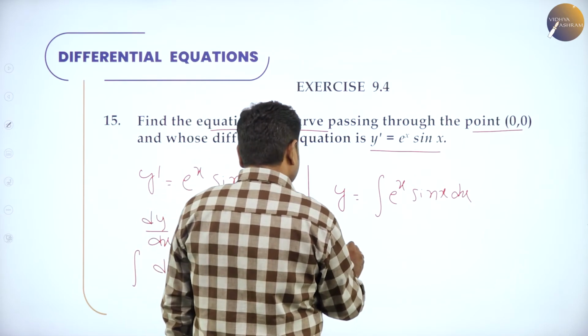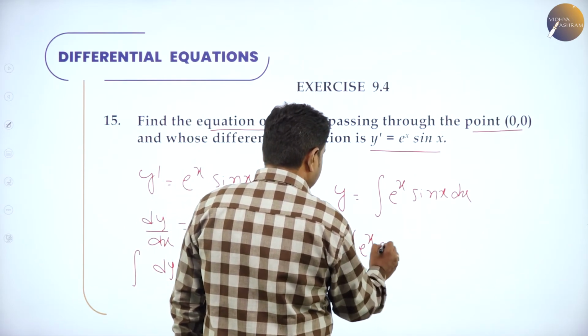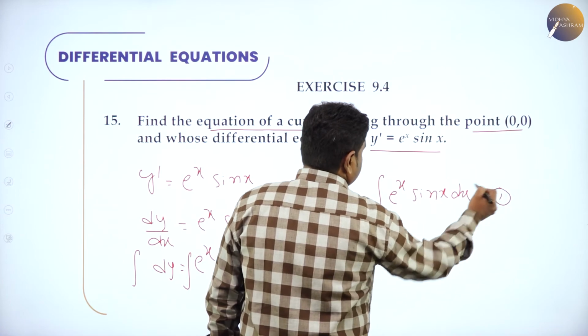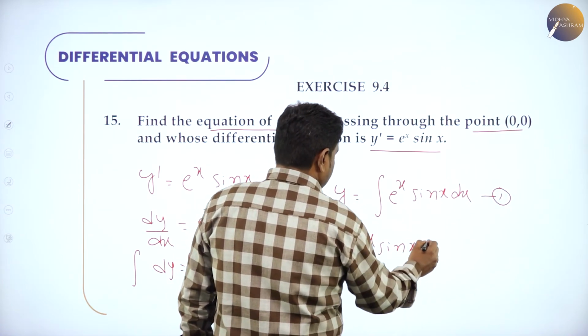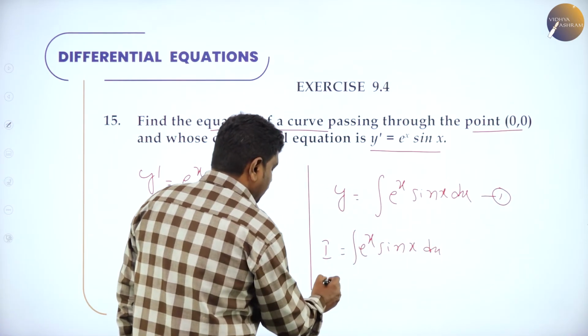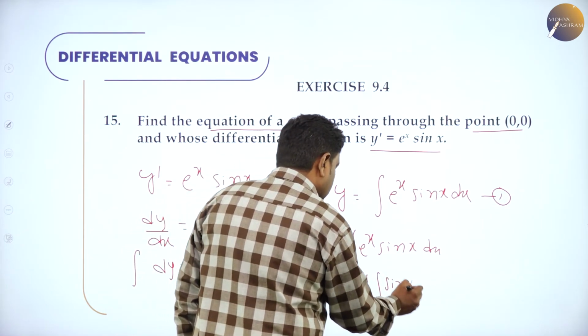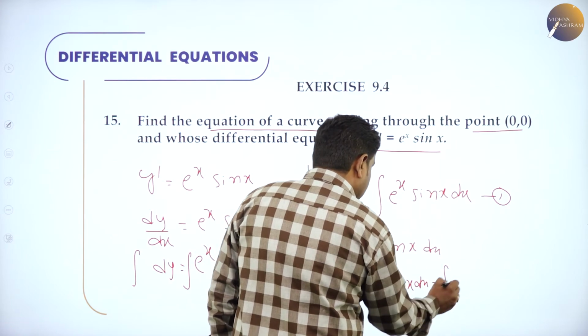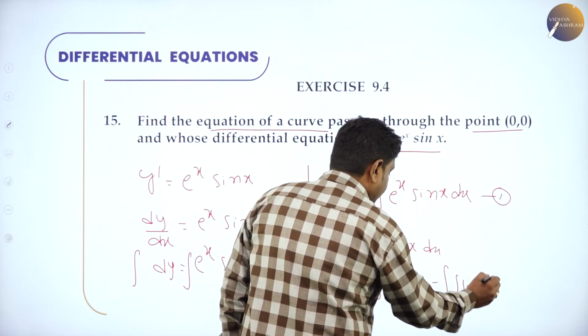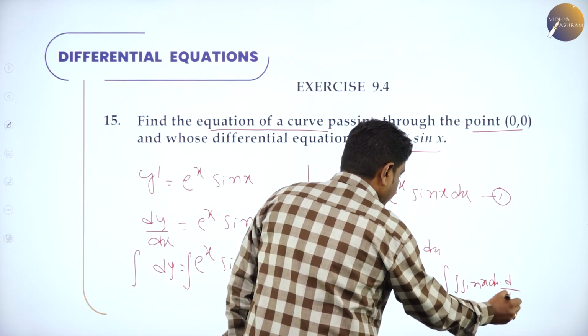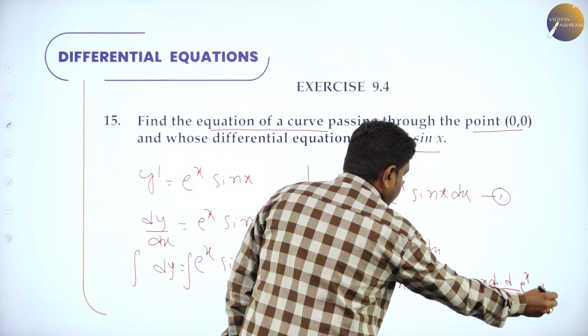So let I be the integration of e power x sin x dx. Call this as 1. So first find the I value. So parts, what is parts? First function into integration of second function, minus integration of second function into derivative of first function dx.